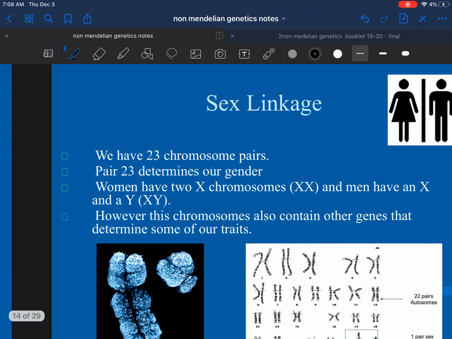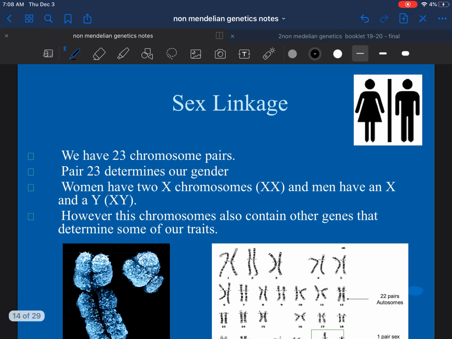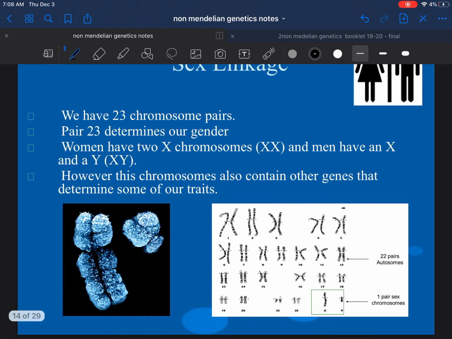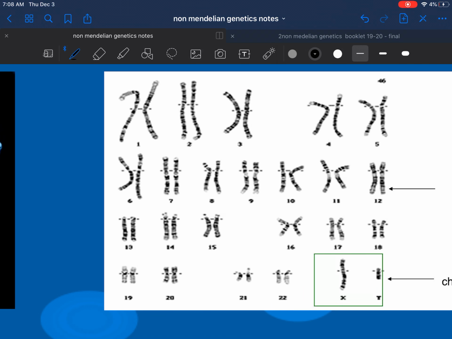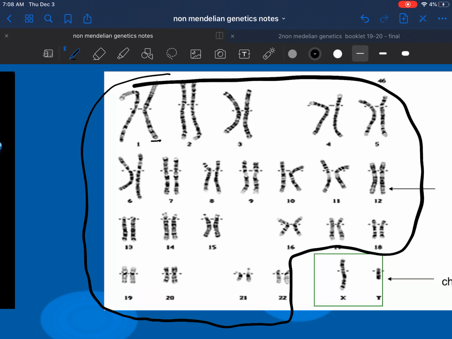Here we go. Sex linkage. This is from the last unit. Remember, we have 23 pairs of chromosomes. Do y'all remember the fancy word for the first 22 pairs of chromosomes?